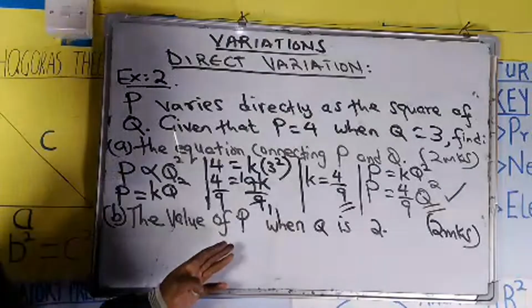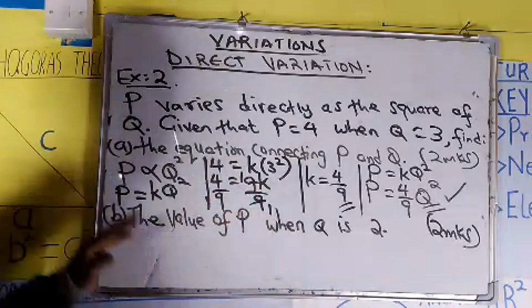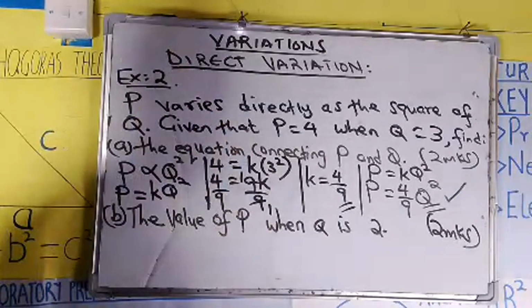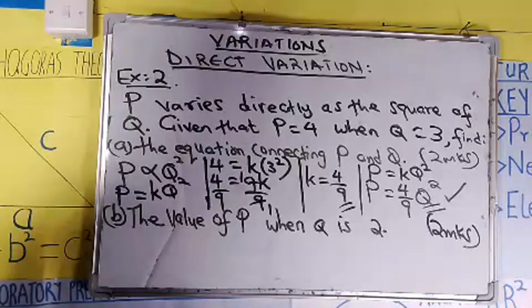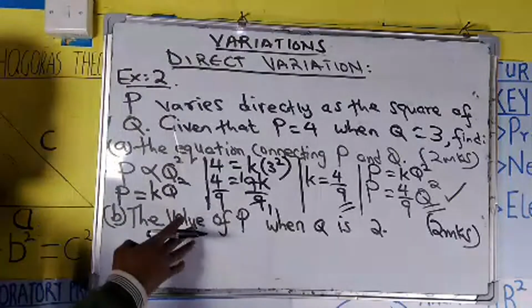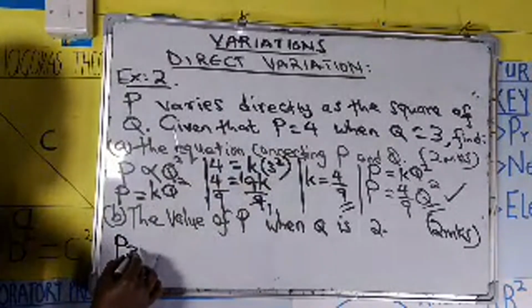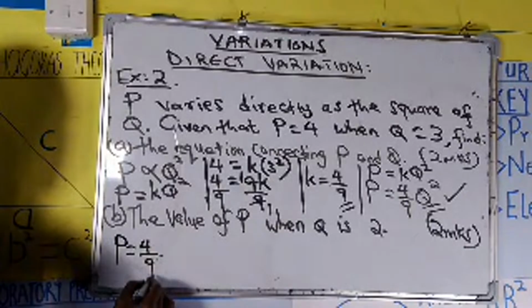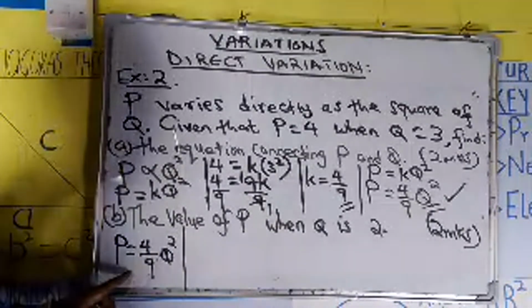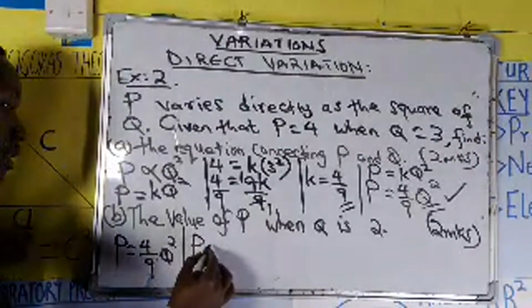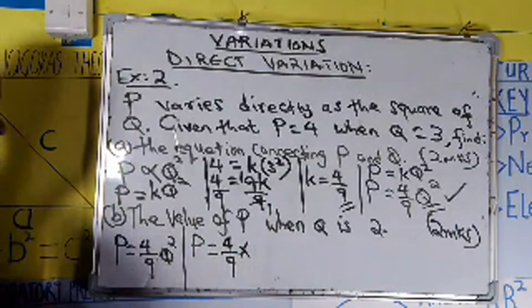We now proceed to part B: the value of P when Q is 2. We take the equation P is 4 over 9 Q squared. So P is equal to 4 over 9 times Q squared.